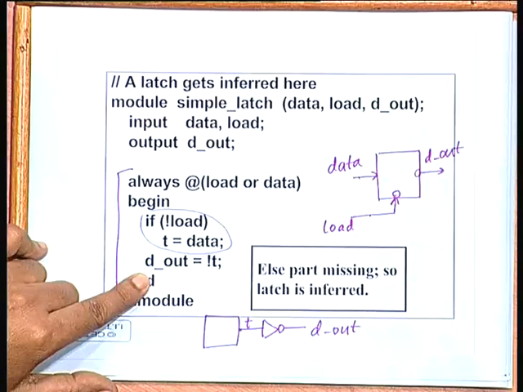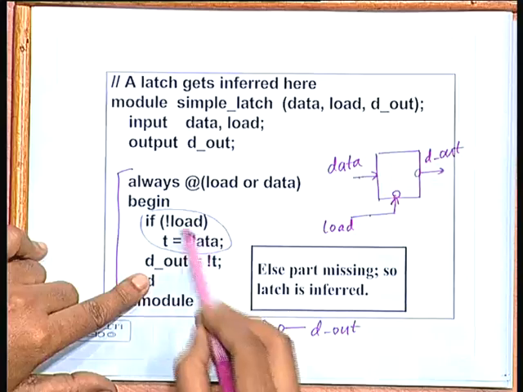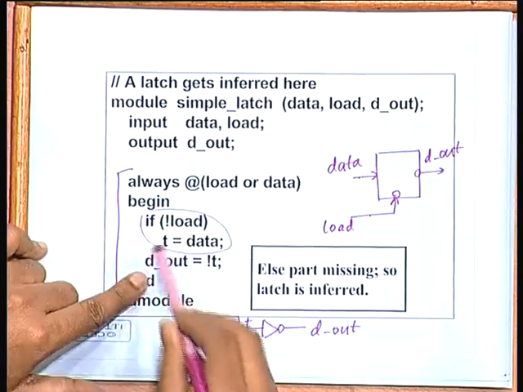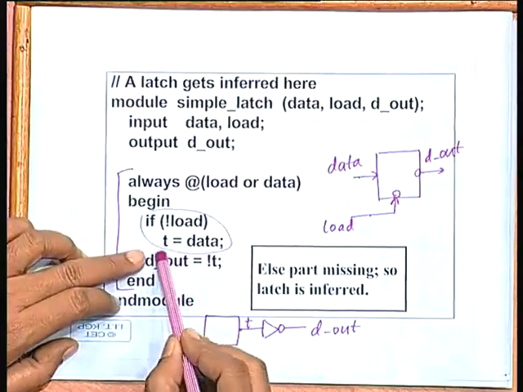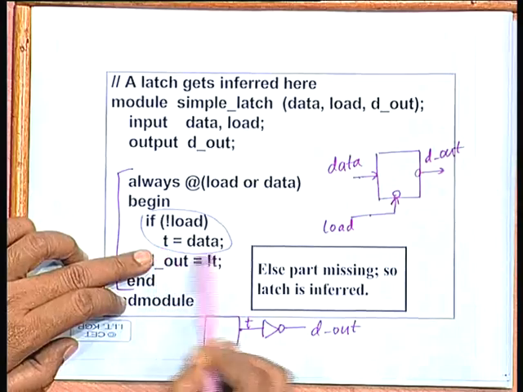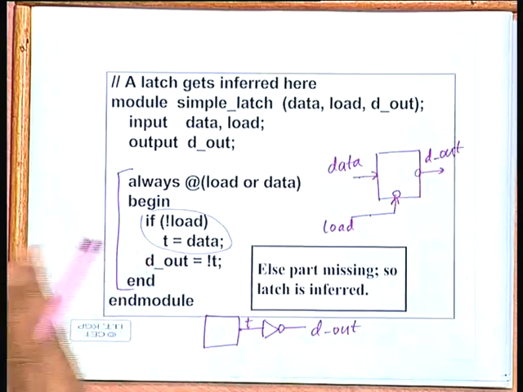So, a rough rule of thumb is, if you have an incompletely specified if statement or a case statement, this will imply a latch. That means you need to store the values somewhere. But if the if statement was complete, even in the else part you had written some t equal to something, then you explicitly know that you check this, if it is true t is this, then t is this, then you go here.